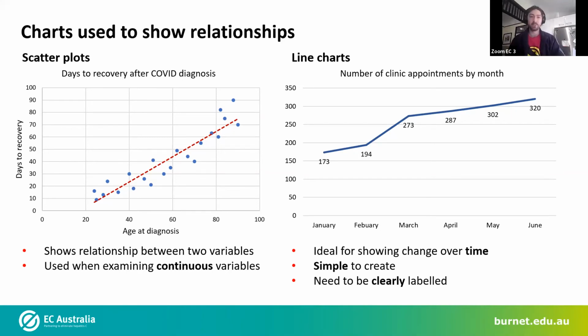So this is not the actual days to recovery after COVID diagnosis, but this is showing how age might be associated with days to recovery, using a scatter plot with a line that's a linear estimate of the association, which is just plopped there. And you can see that as people get older, they tend to take longer to recover from COVID.